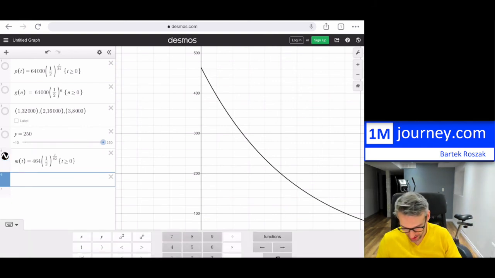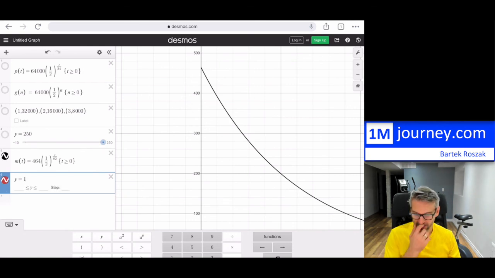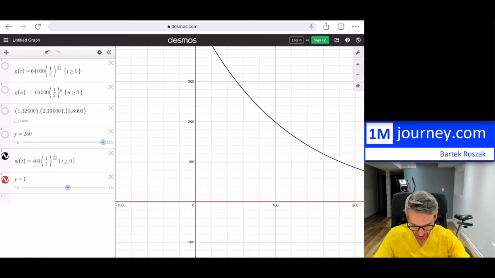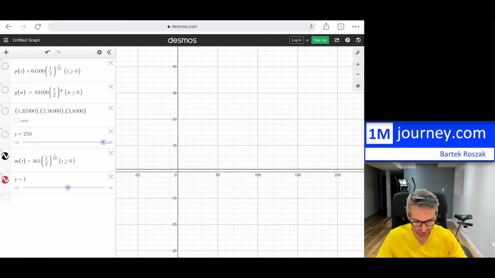Now what I want is, I'm going to put y, just for the vertical axis, y is equal to 1. I want to see when it crosses that. When does that happen? So there we have it. There is 1.